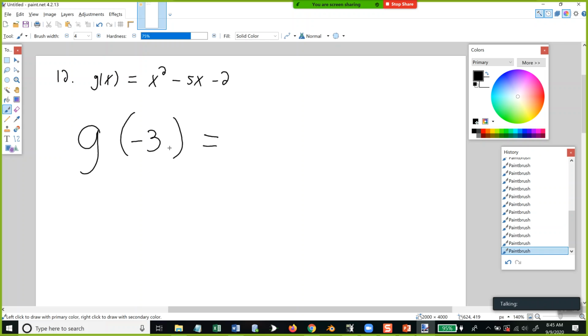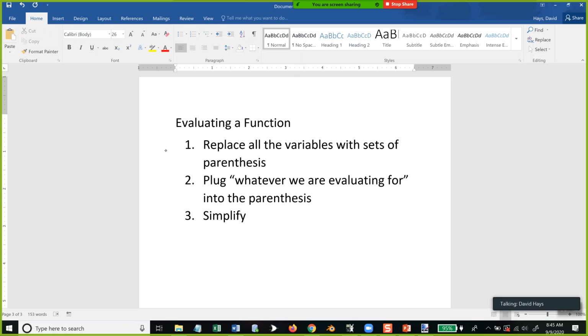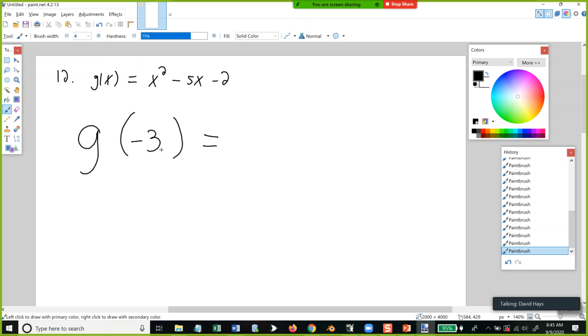Now, I'm going through my 3 steps here. Step 1, replace all variables with sets of parentheses. So I'm going to replace the x here with a set of parentheses. I replace the x after the 5 with a set of parentheses. And everything else remains the same. So second power remained, the minus 5, the minus 2.